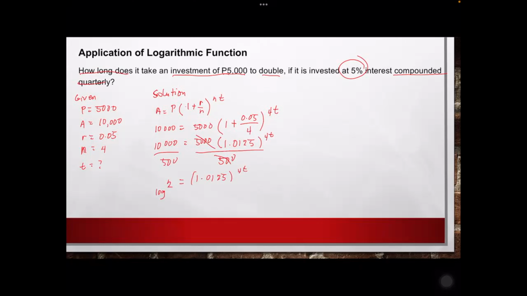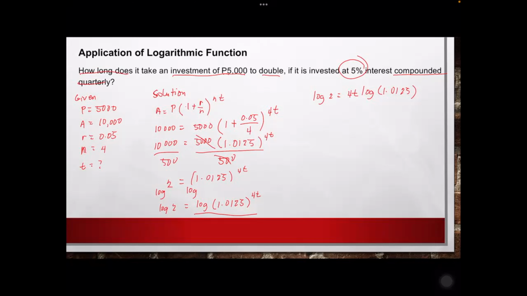So, magkakaroon tayo ng logarithm of 2 is equal to logarithm of 1.0125 raised to 4t. Itong part na to is under siya ng power property. So, magkakaroon tayo dito ng logarithm of 2 is equal to 4t log of 1.0125. Binaba natin siya kasi application of the power property.